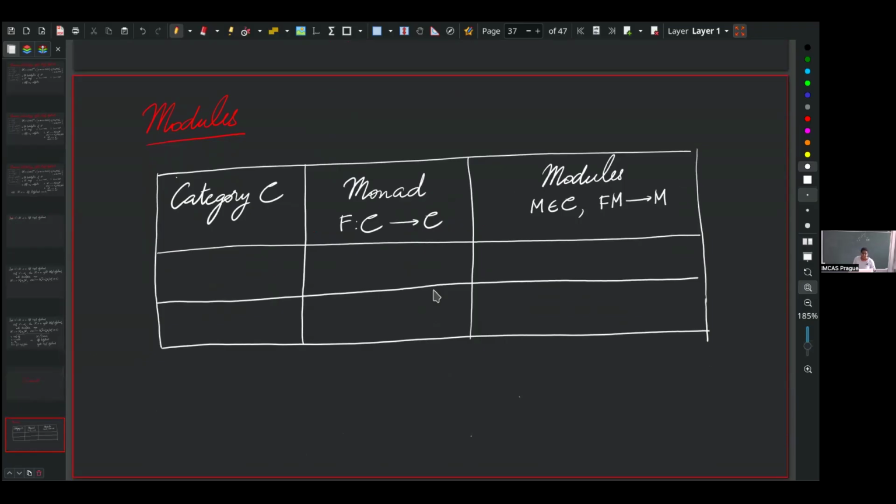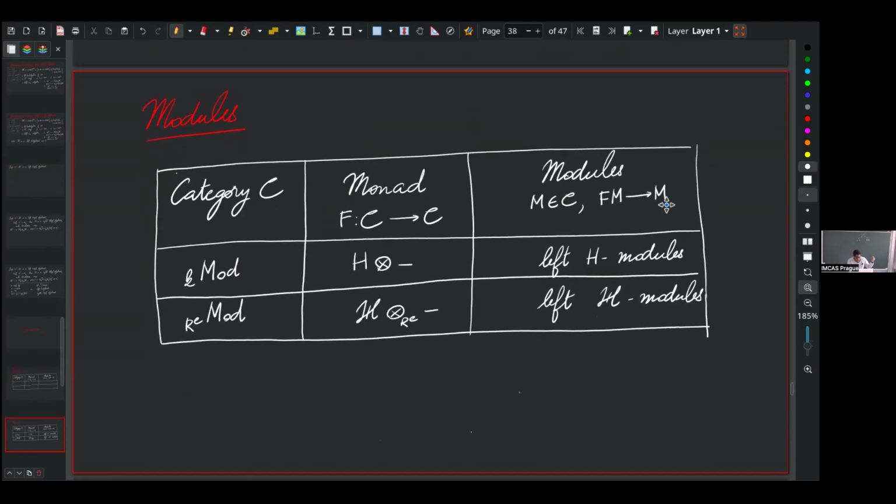So when we have a monad, then we can also define the notion of a module of a monad, which consists of an object M in the category we work over, together with a morphism from FM to M, which is compatible with the monad structure of F. And with the functors we are interested in, we recover the usual notion of a module over a ring.